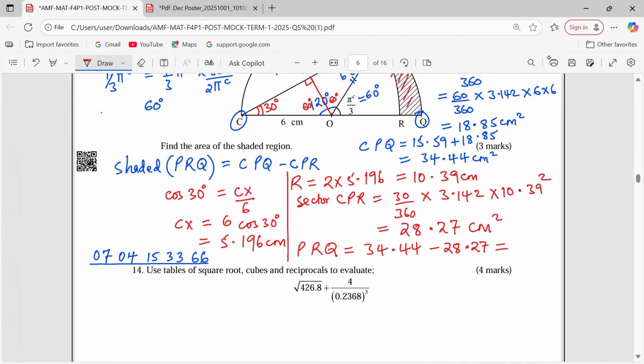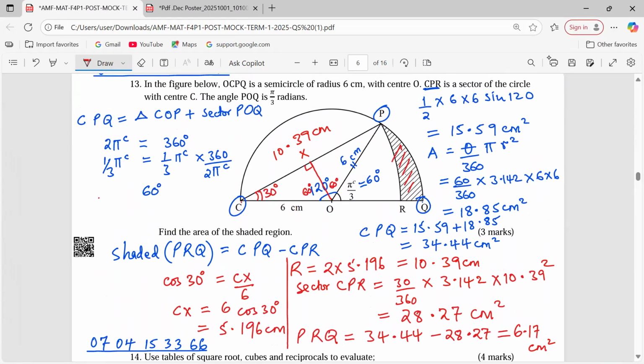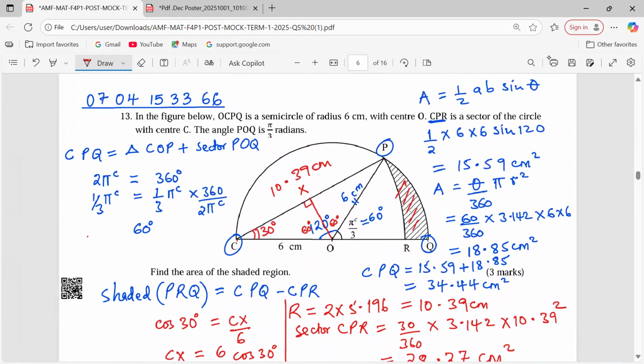Let me compute that. 34.44 minus 28.27 gives us 6.17 square centimeters. So that is the area of the shaded part in the figure above.